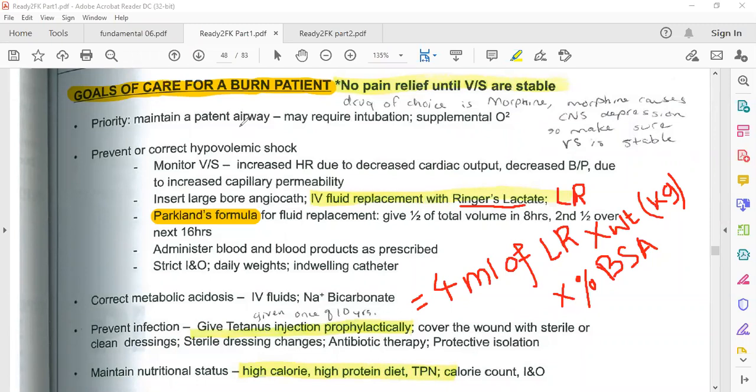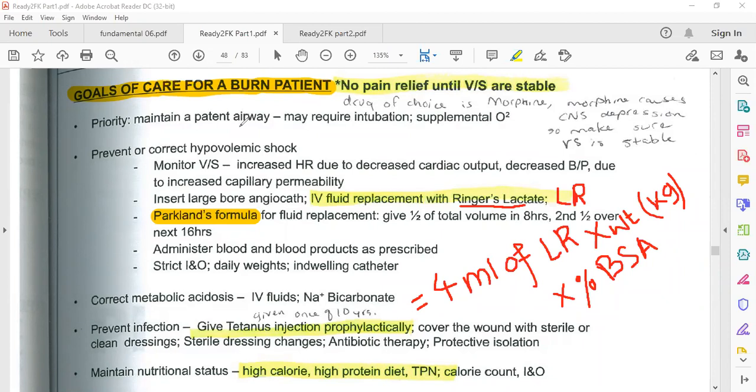Also, flush the chemical burn with a large volume of water. Then educate the family not to apply any greasy lotion or butter to the burn, because some non-educated people do this. So we educate the patient not to do this in future. And also clean the area with mild soap or plain water.